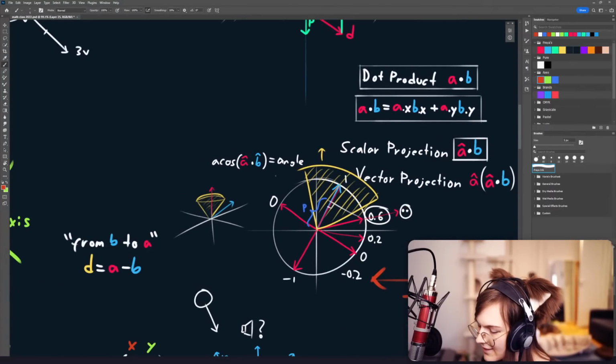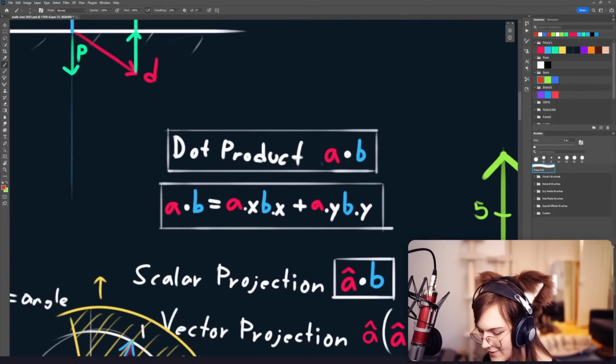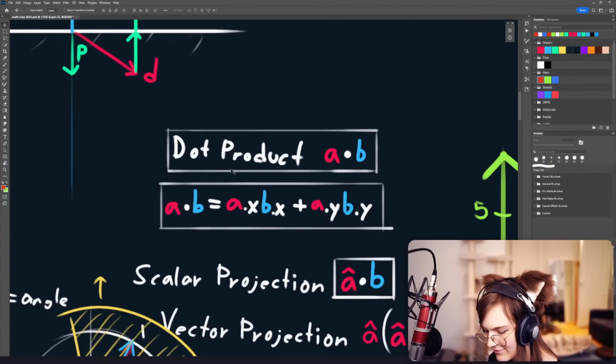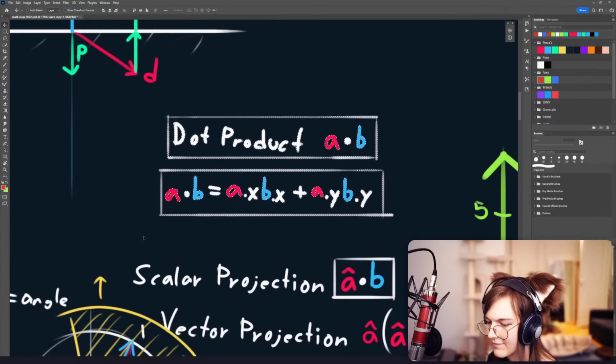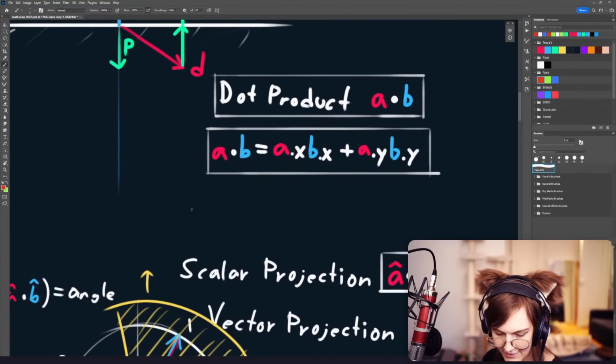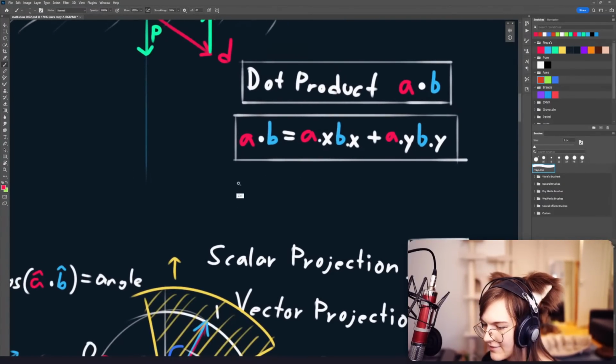And this actually leads us to another definition of the dot product, because this is not the only definition of the dot product. Let's scoot a little bit. This one is a little bit more wordy, but I believe in you.